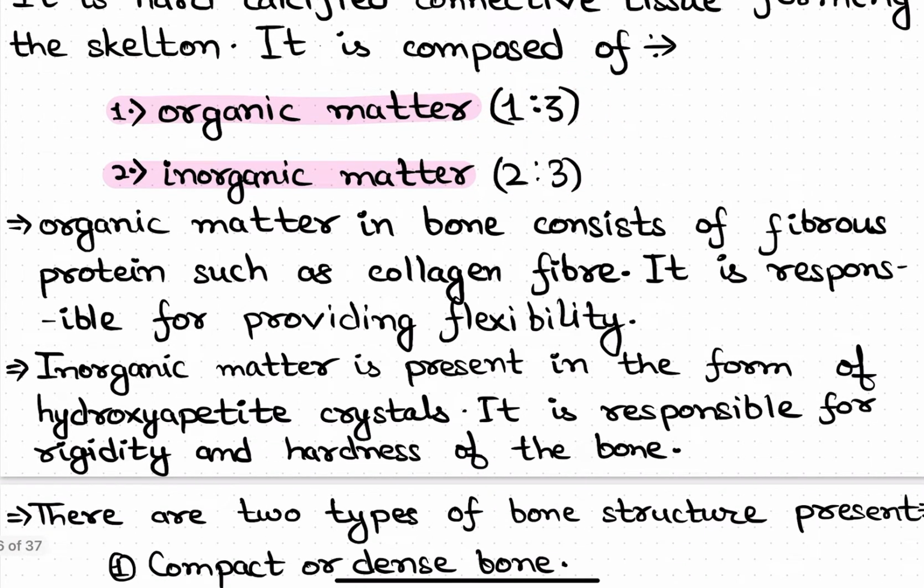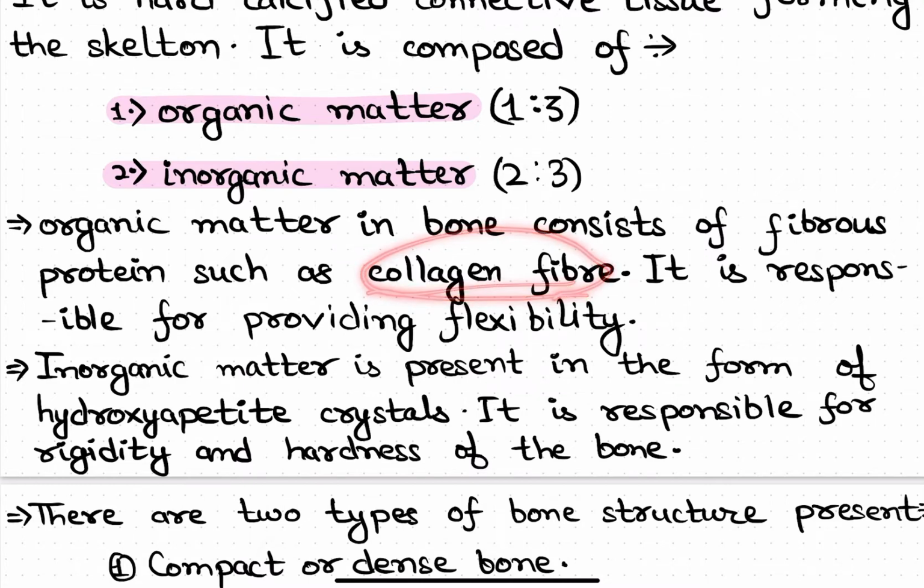Now organic matter in bone, what does it consist of? The organic matter in bone consists of fibrous proteins. Now you will ask which fibrous proteins are in organic matter. These are collagen fibers. So you have to remember that fibrous proteins are organic matter present in bone, and an example of such fibrous protein is collagen fiber.